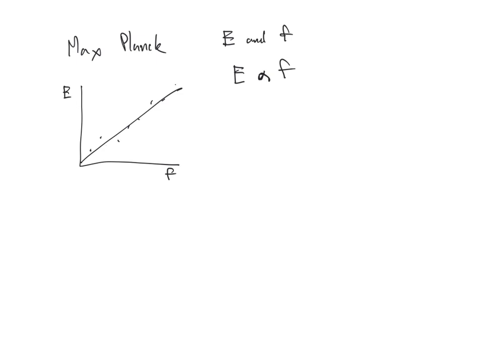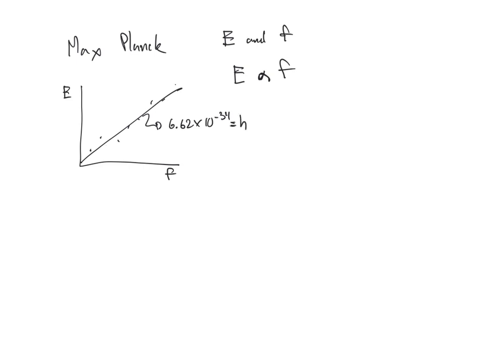How fantastic. That means you need a constant. Where do you find the constant? The slope of the graph. And that slope is equal to 6.62 times 10 to the negative 34. Weird number, but that's the number. And he said, well, I'm going to call this constant, very humble, this man, Planck's constant, which is the H, right?